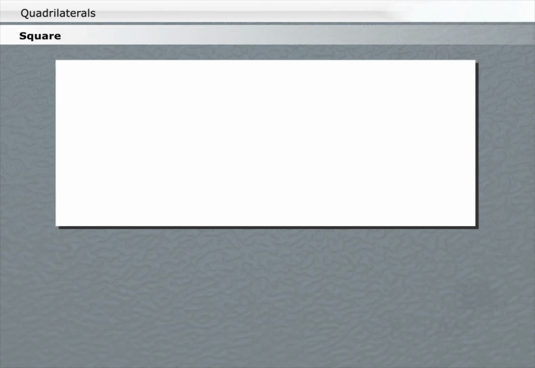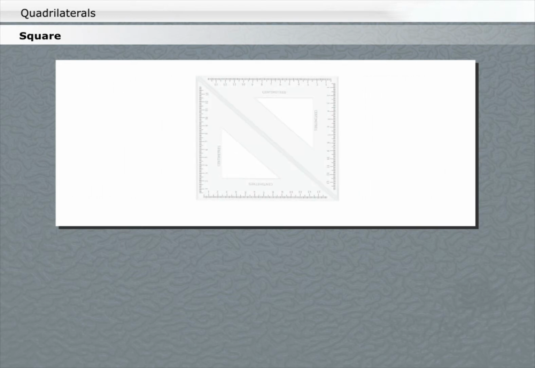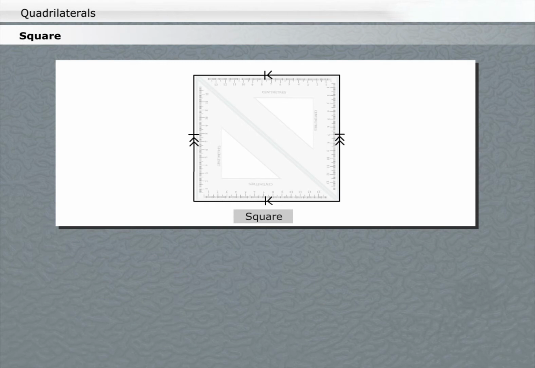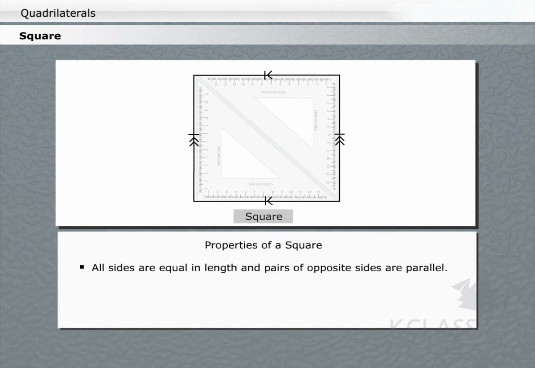To form a square, we need to use two 45, 45, 90 set squares as shown here. Do you notice that all the sides are of equal length and pairs of opposite sides are parallel to each other? All angles measure 90 degrees.